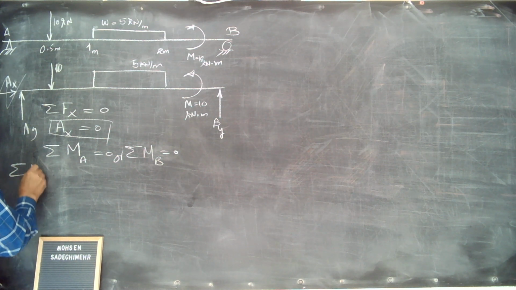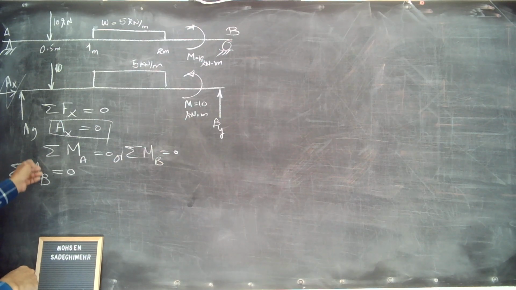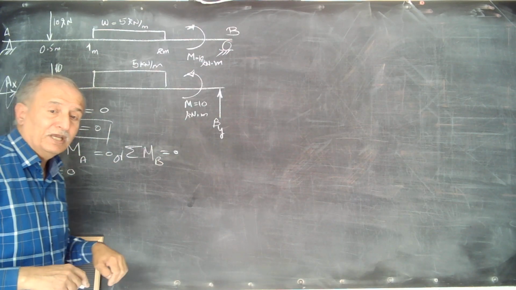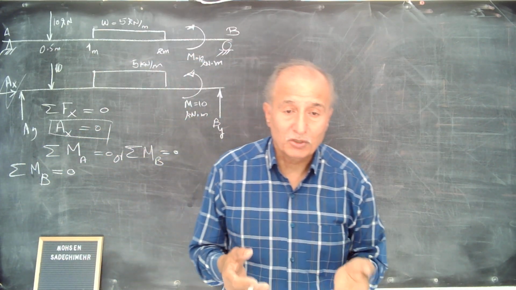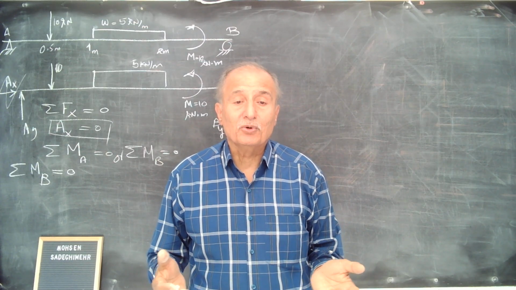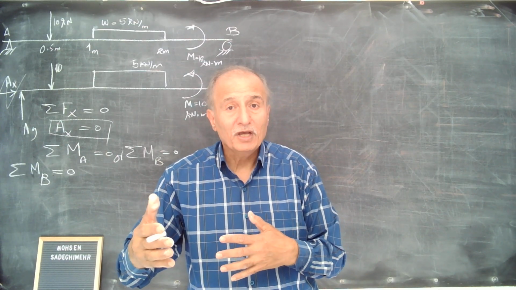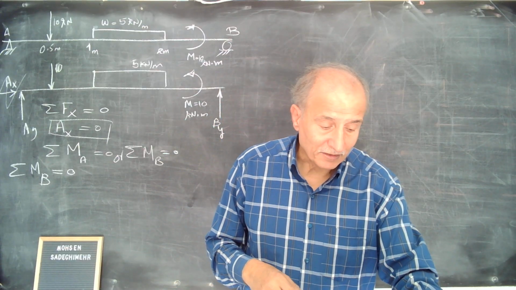Let's talk about summation of moments at B equal to 0. The only thing that you must do here is convert any uniform or non-uniform distributed load to a concentrated or point load before solving reactions at the support.